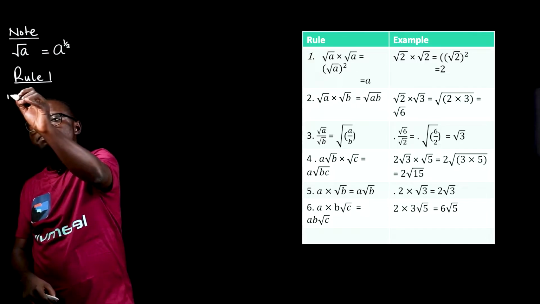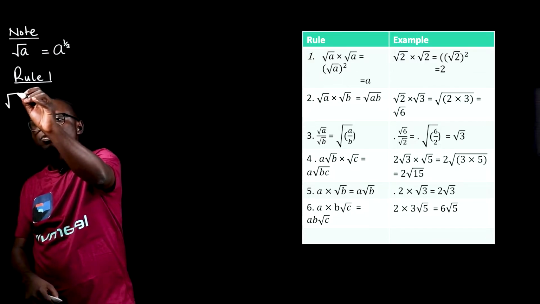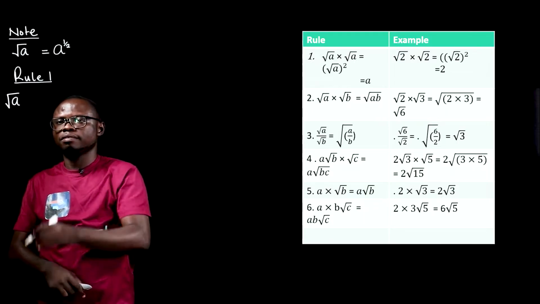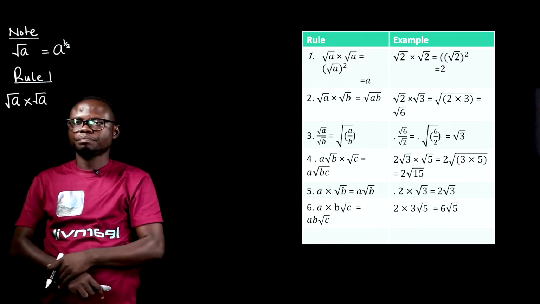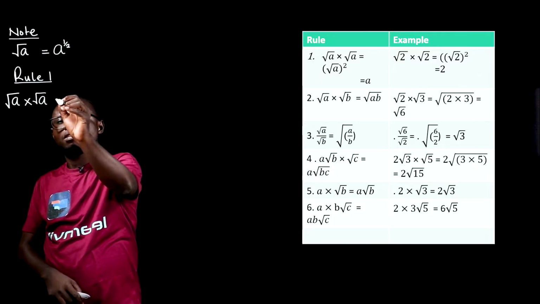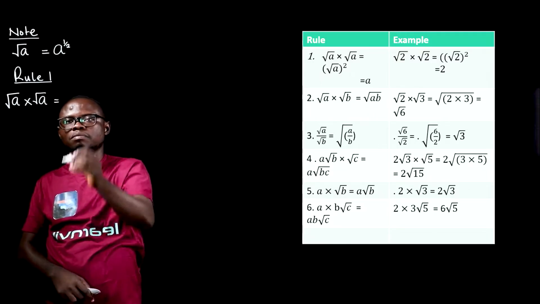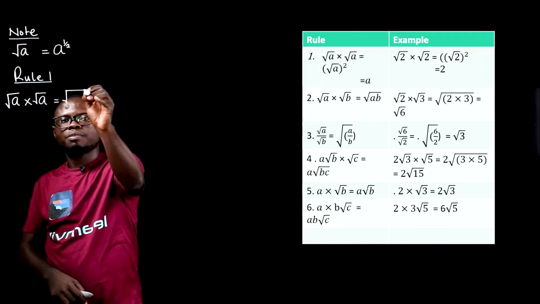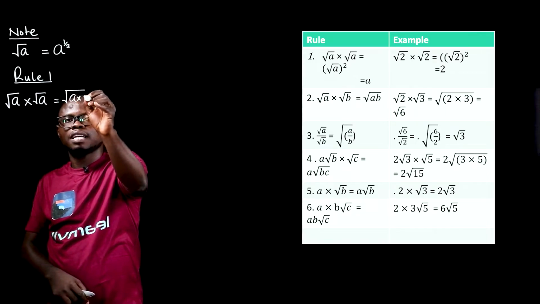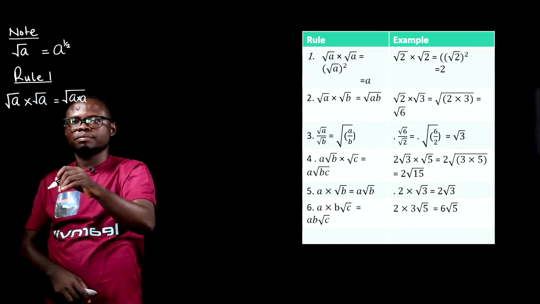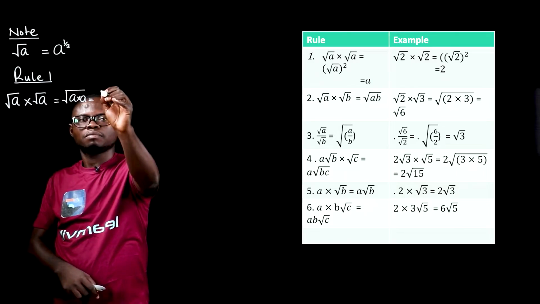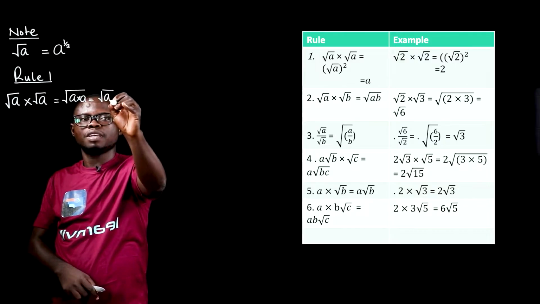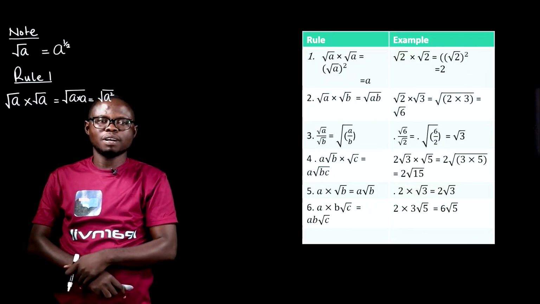If I have square root of A times square root of A, this becomes square root of A times A, which becomes square root of A raised to the power of 2.